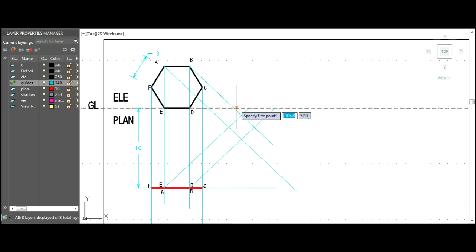So we draw the verticals down from the intersection point of the light rays such that it intersects with the other light rays.